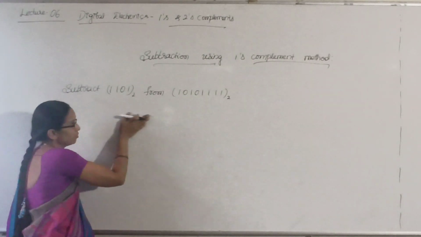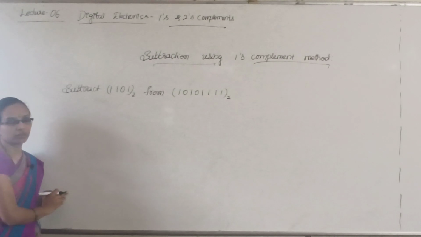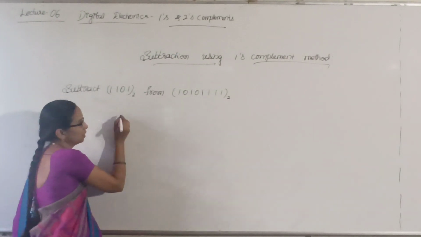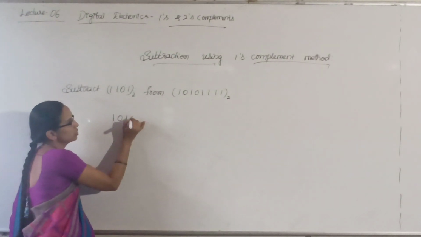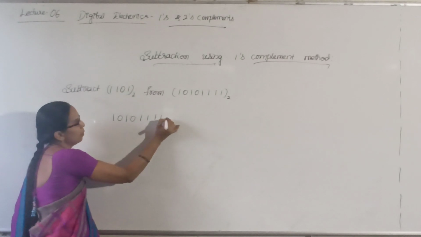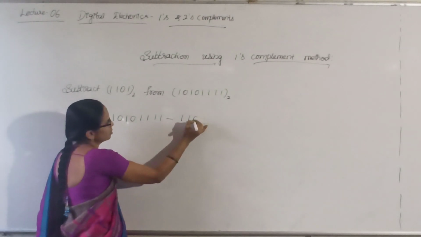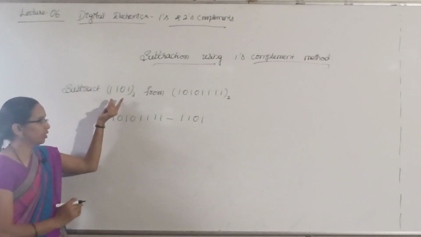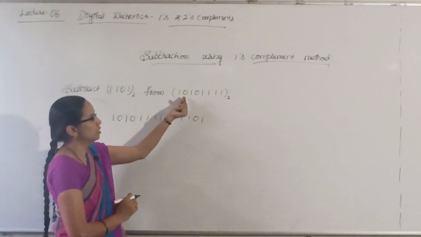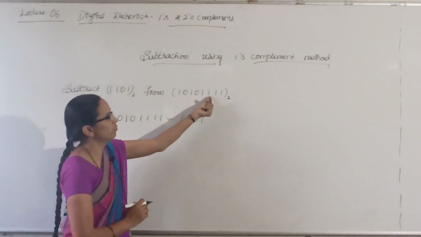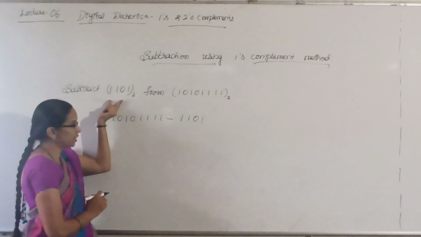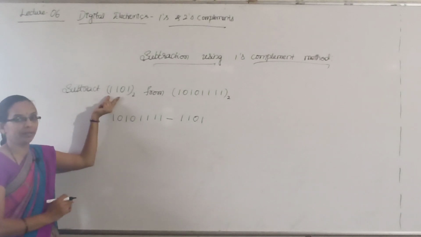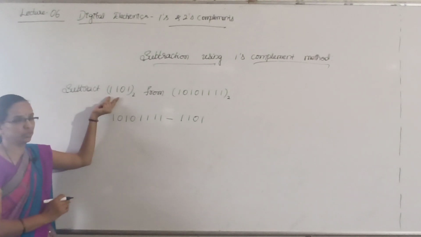From this we have to subtract this. They have given 10101111 minus 1101. 10101111 is the minuend, and the subtrahend is 1101. That is our 13 actually.